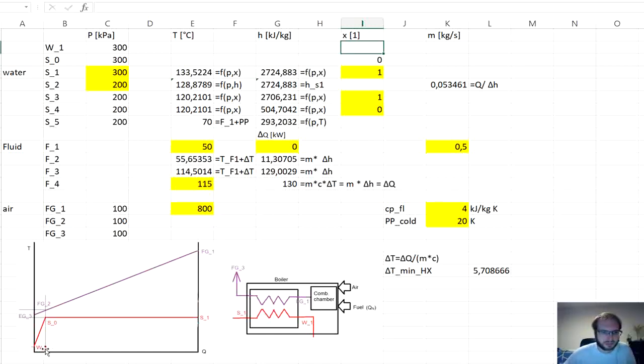And now for the point W1, we will assume that it's returning condensate after going through the technology, assuming there are no other heat losses.